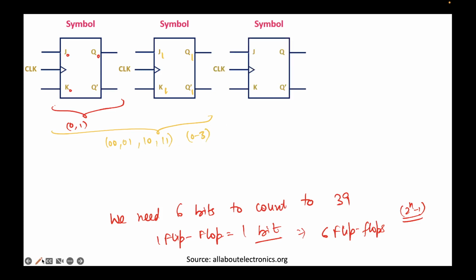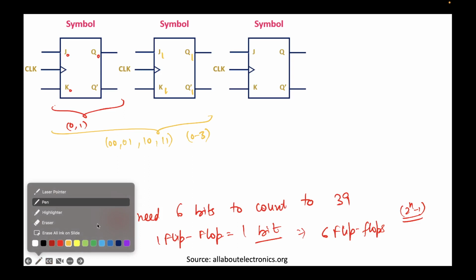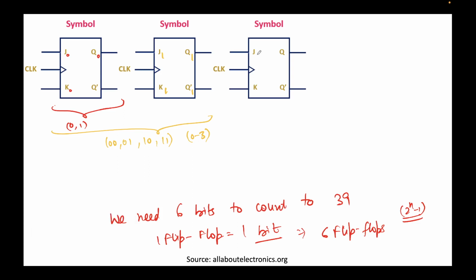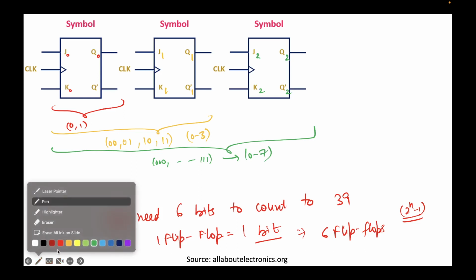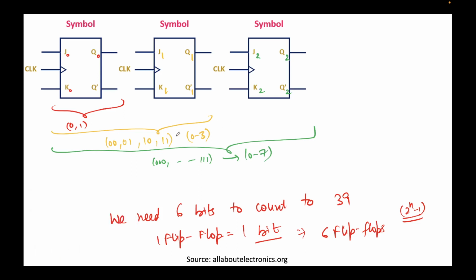Let's add one more. Let's name this J2, K2, Q2 and so on. So these three combined can go from 000 up to 111, which means from 0 to 7. Correct? I'm just directly converting from decimal to binary.